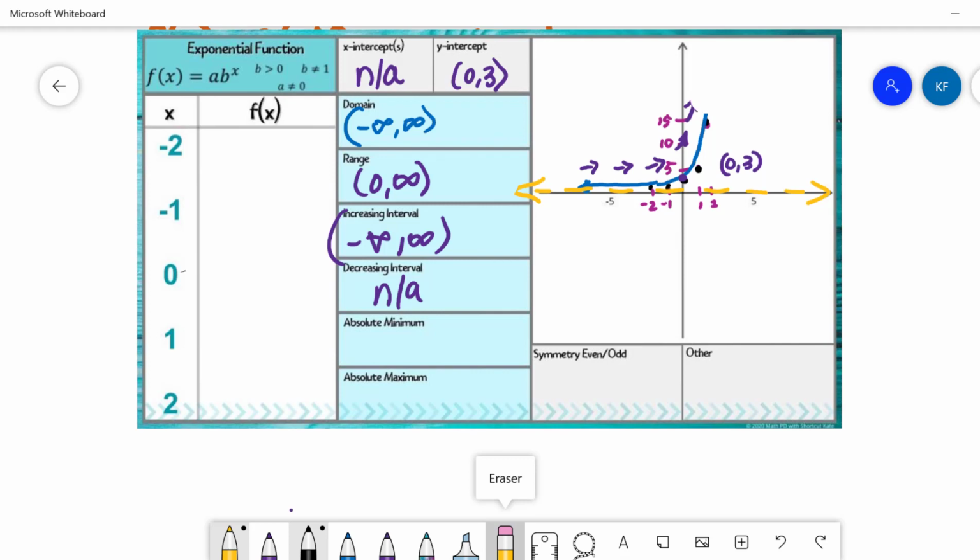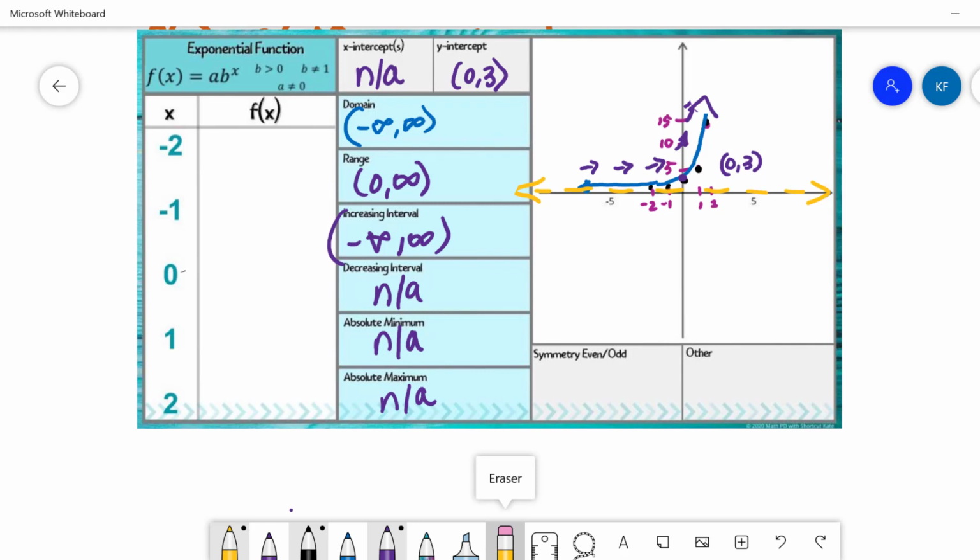Okay, I do not have an absolute or a definite smallest value because of the asymptote, because I'm still going to get values that are positive here. Never going to get anything smaller, okay, or negative. And then there's no maximum because of the arrow on the other side here.